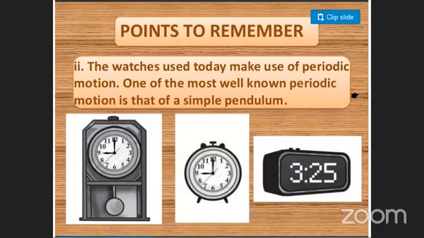Suppose after 60 minutes, we consider that one hour. In class, after one period the bell is given, after 45 minutes, then again after 45 minutes a second bell, again after 45 minutes a third bell. That particular time we call the period. After a certain period that action will happen.